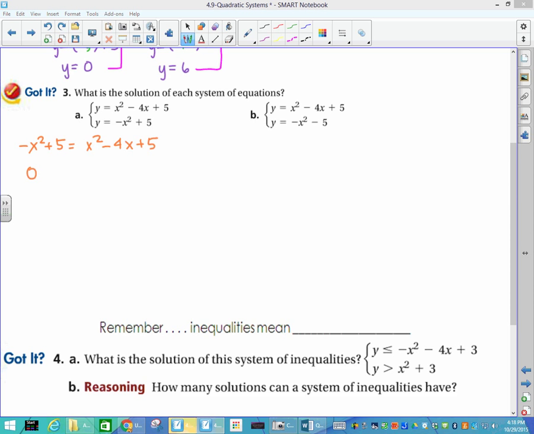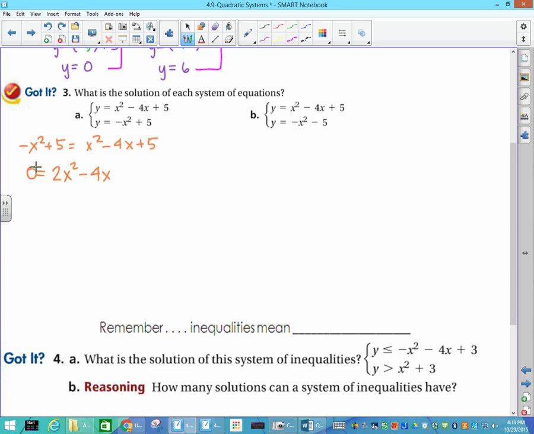So 0 is going to be on that side. I'm going to add x squared. So x squared plus x squared is 2x squared. And then I have minus 4x, which is nothing over there, so that's minus 4x. And then subtract 5, 5 minus 5 is 0, so those go away, and that's all I'm left with.